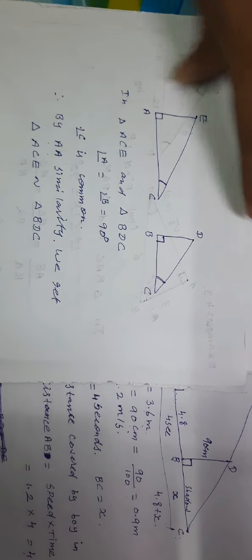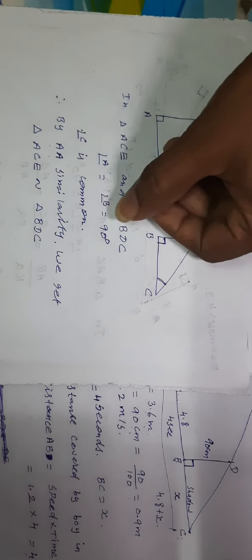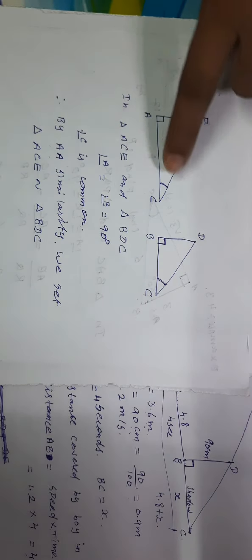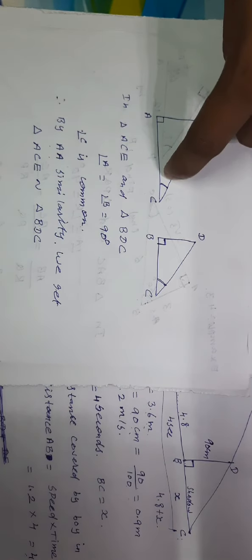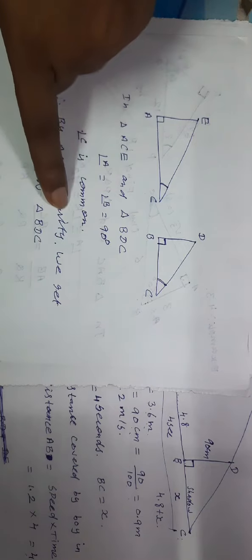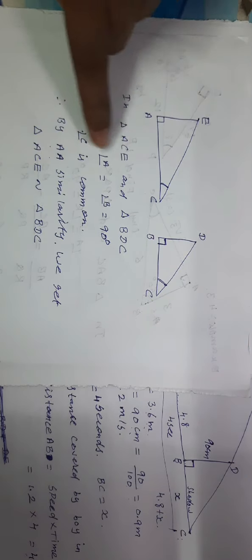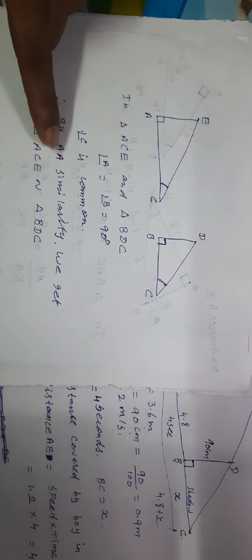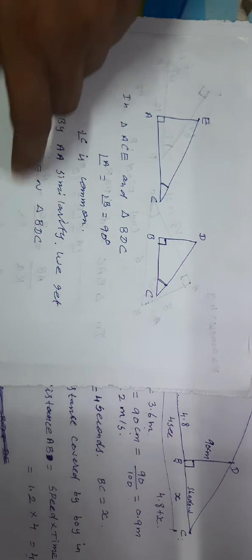Clear? Angle A and angle B are equal because both are 90 degrees, and these two triangles have the common angle C. So two angles are equal, so by using AA similarity we can get that the two triangles are similar.